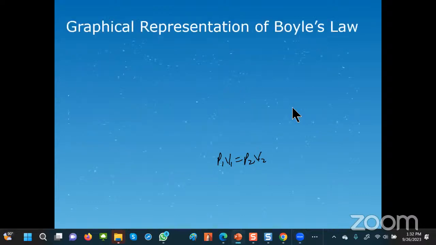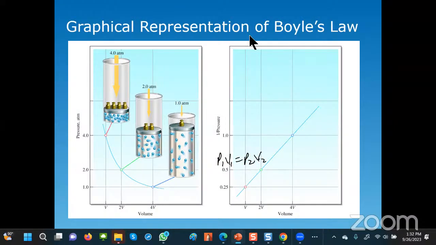This here shows you a graphical representation of Boyle's law. The graph here to the left is a plot of pressure versus volume. As you can see, as the volume decreases for the gas, the pressure increases.